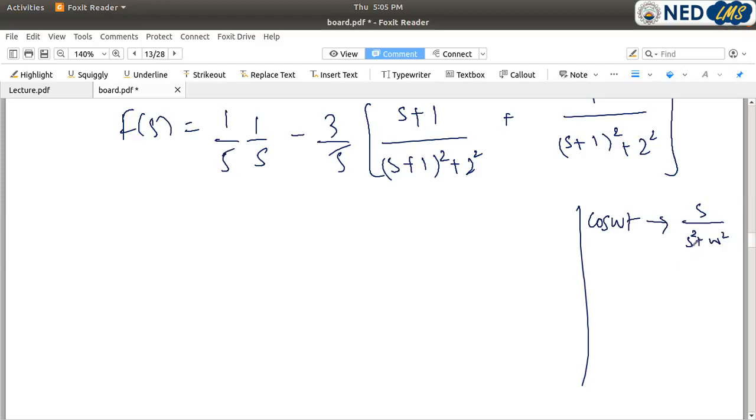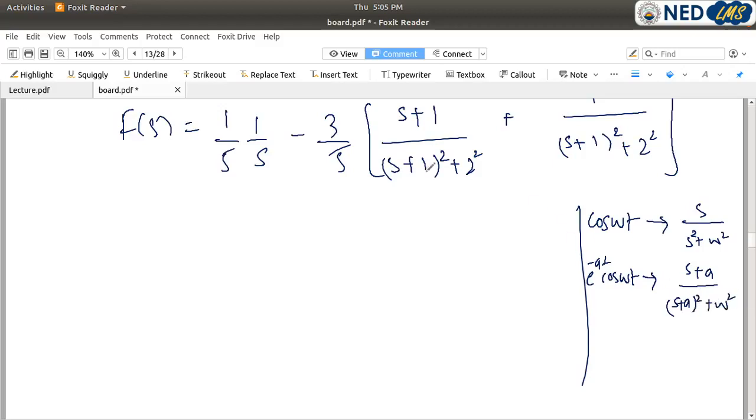So if I shift this frequency by an amount a, this will be represented by e minus at in here. So e minus at cos omega t can be written as s plus a over s plus a whole square plus omega square.